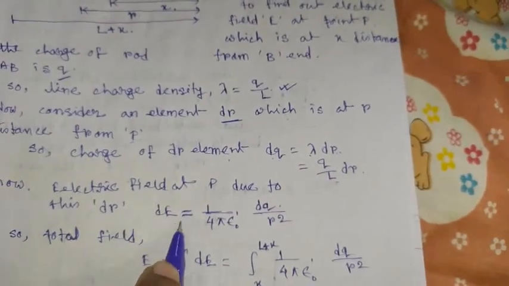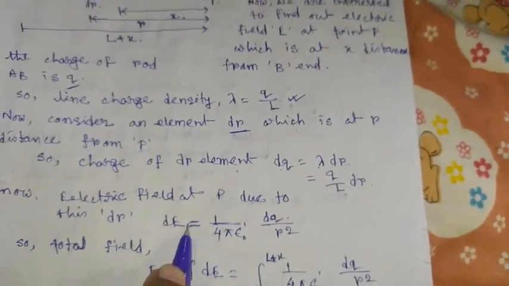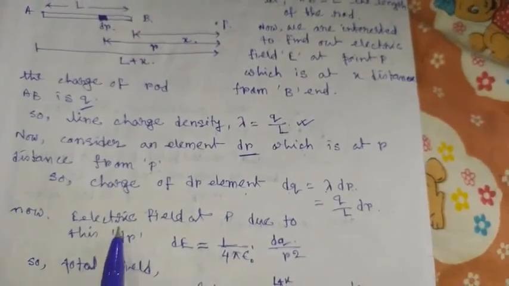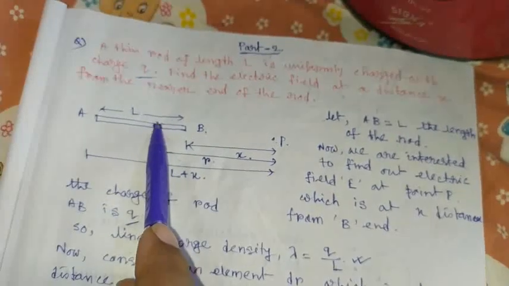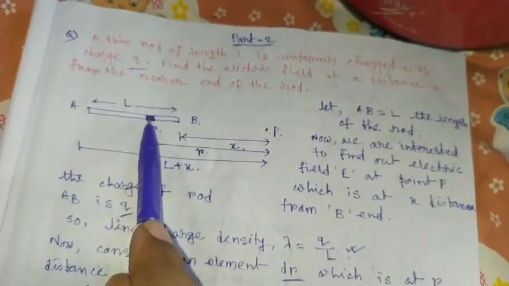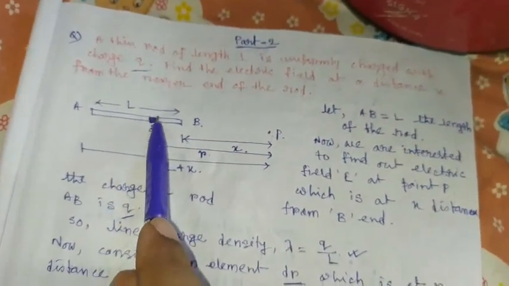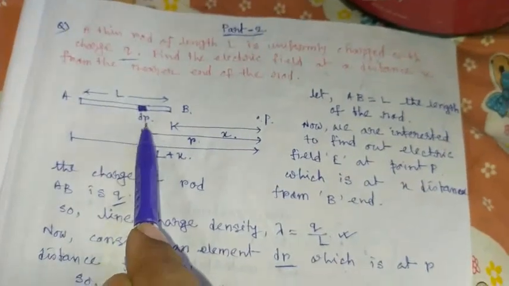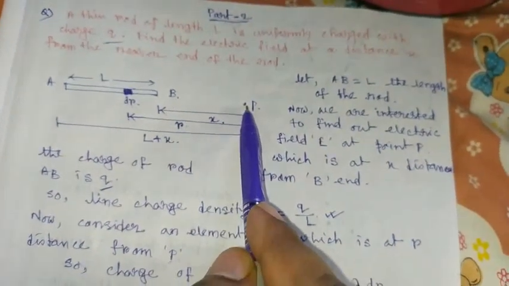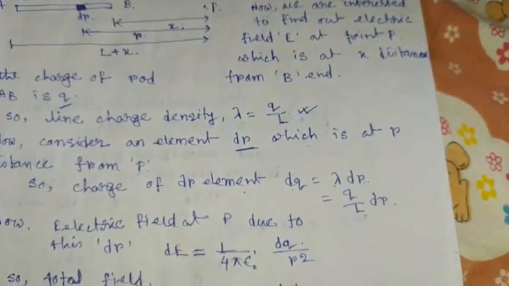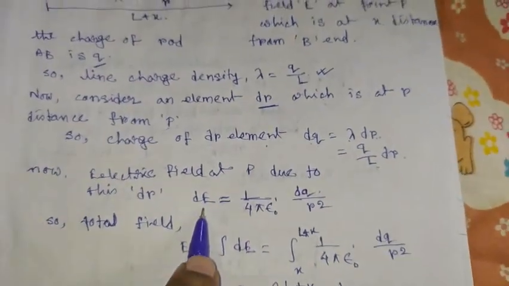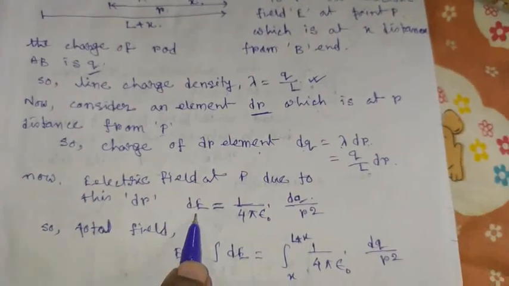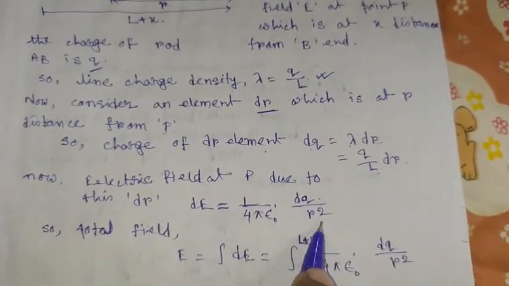It is dE, the small value of electric field, because we choose dr to be very small. So due to this dr, the field at point P will also be very small.